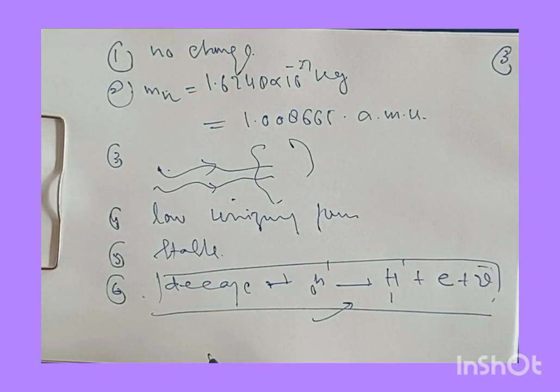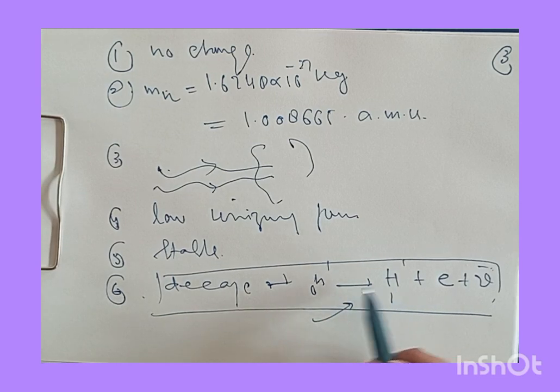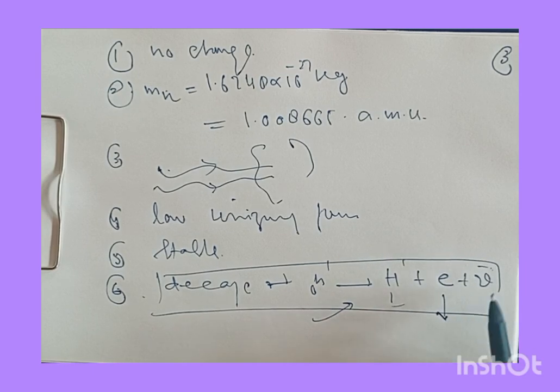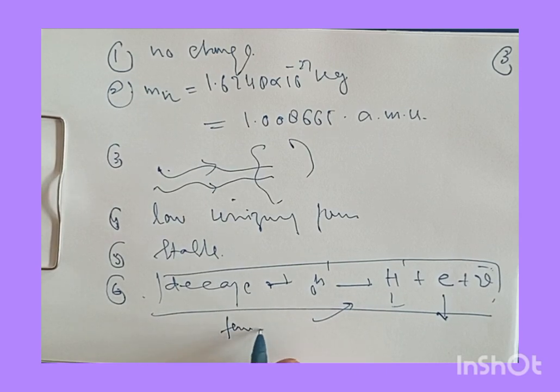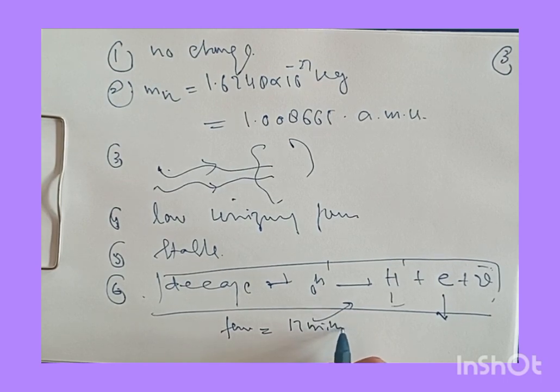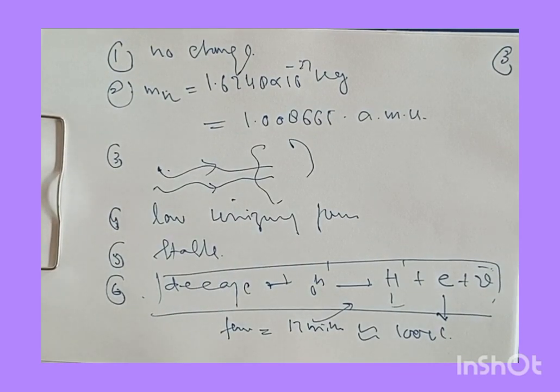If this neutron is present in some unstable nucleus, it can undergo a reaction to be converted into a proton and an electron, which is known as a beta particle, and an anti-neutrino. And the mean life for the free neutron is nearly 17 minutes. That's nearly 1,000 seconds.